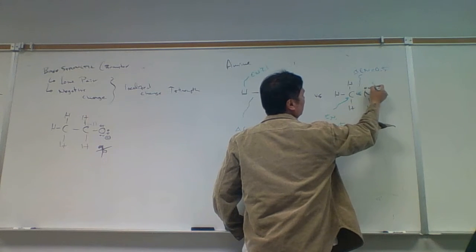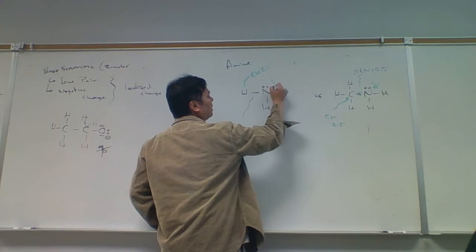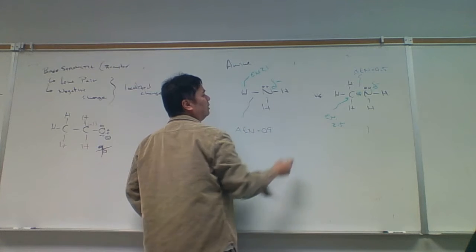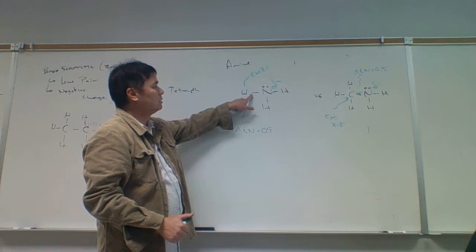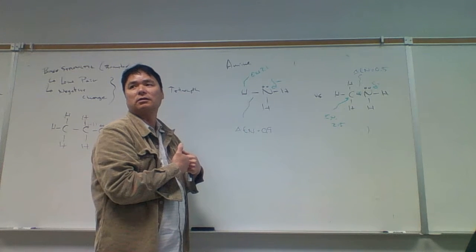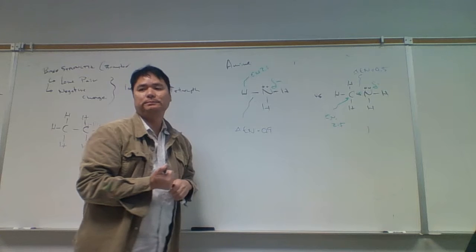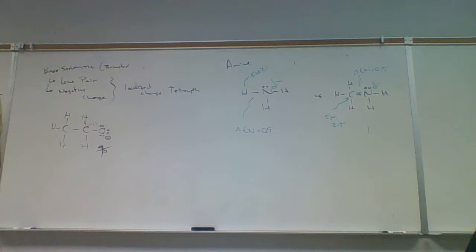In other words, we're going to build up some negative charge on the nitrogen, but over here we'll build up more negative charge on the nitrogen because hydrogen isn't going to pull as much electron density. But this is a little bit of nitpicking because we say that carbon and hydrogen have essentially the same electronegativity. The difference between 2.1 and 2.5 is minimal.